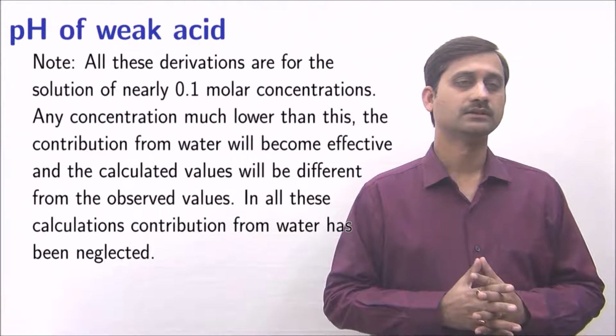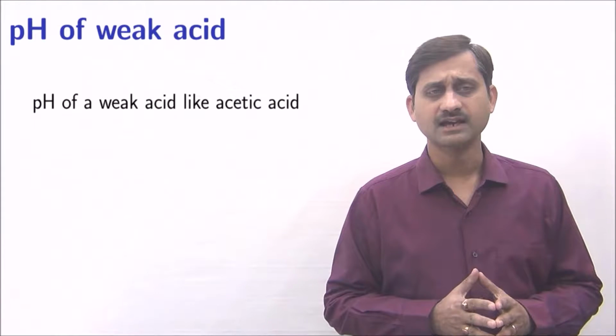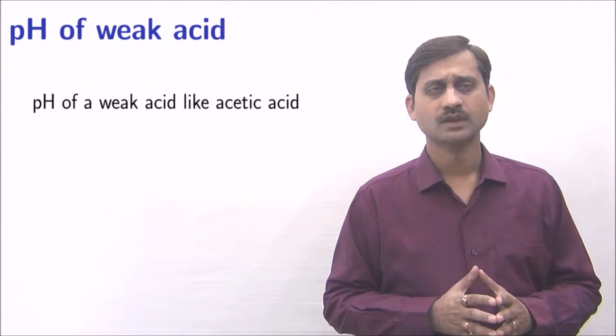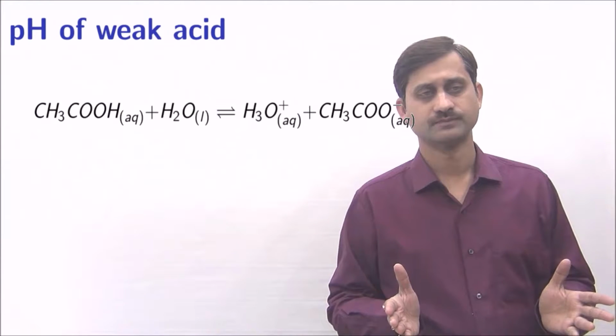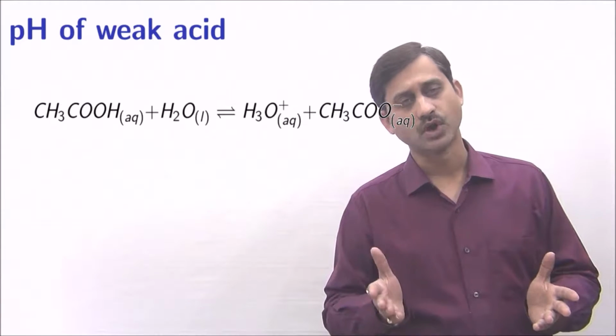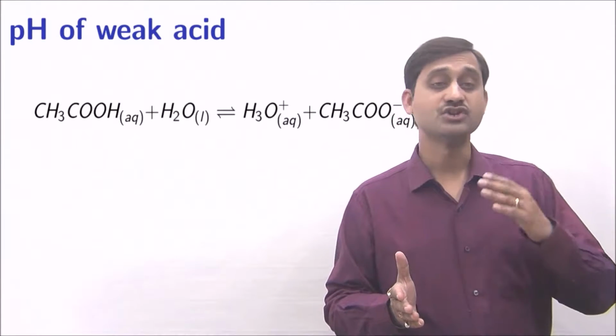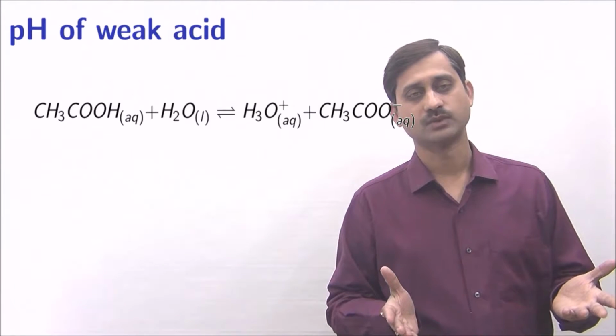We start the discussion with a weak acid, maybe acetic acid. When acetic acid is put in water, an equilibrium will be established. Acetic acid aqueous will interact with liquid water to give hydronium ion aqueous and acetate ion aqueous.